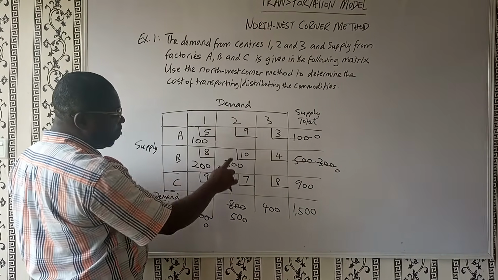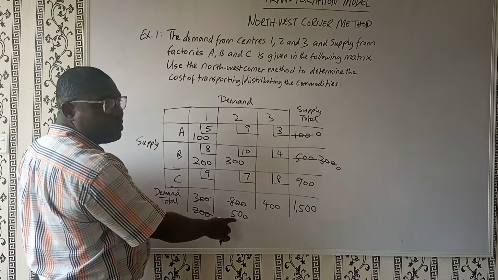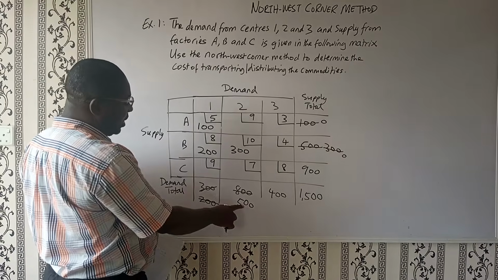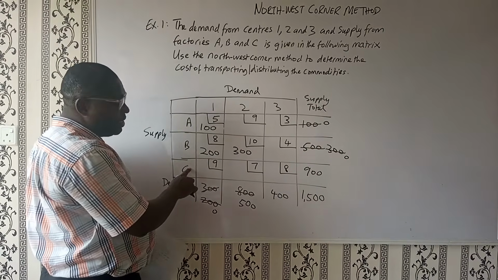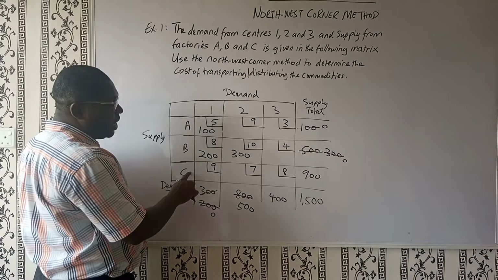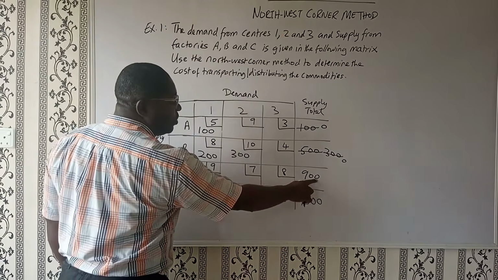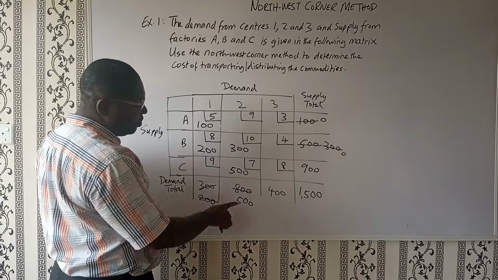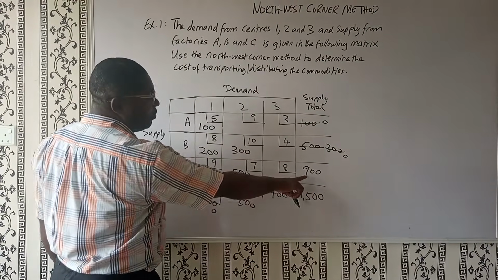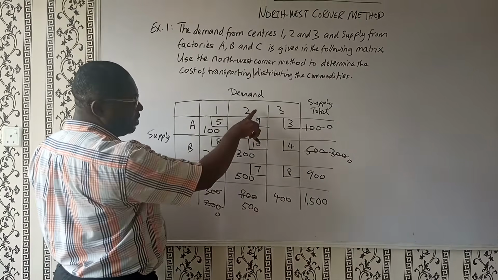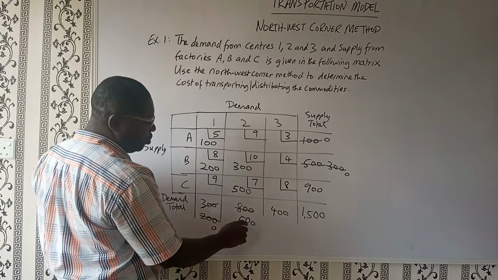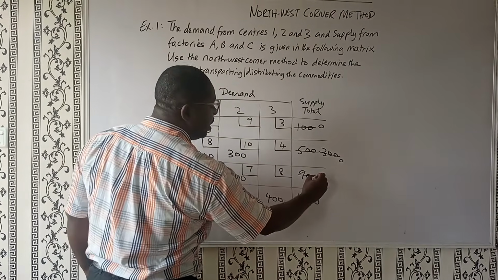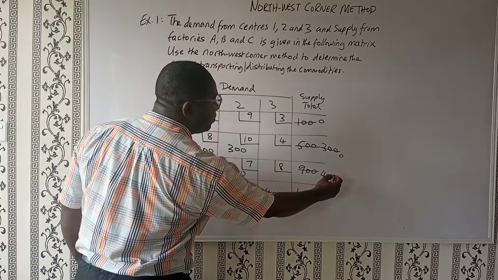Coming to center 2, we still have 500 unsatisfied here. And since we still have 500 unsatisfied, from factory C, we can still get 500. We have 900 here. So this 500 comes in here from factory C, satisfying the demand of center 2, and this crosses out, becomes 0, and then we're left with 400 here.